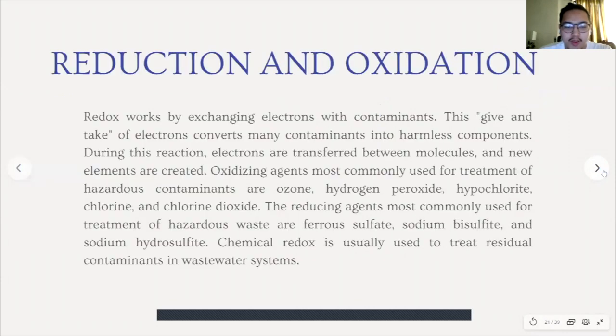Redox works by swapping electrons with contaminants. This exchanging process of electrons converts a lot of the contaminants into harmless components. Electrons are transferred between molecules, and then new elements are created.